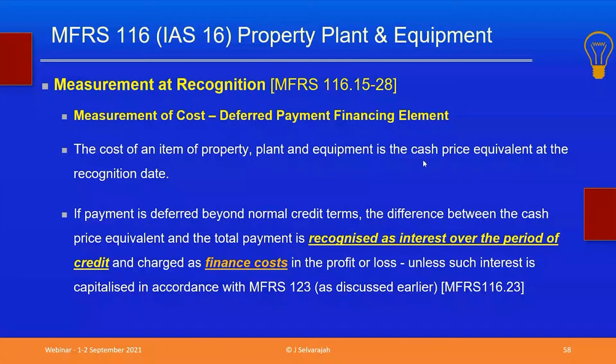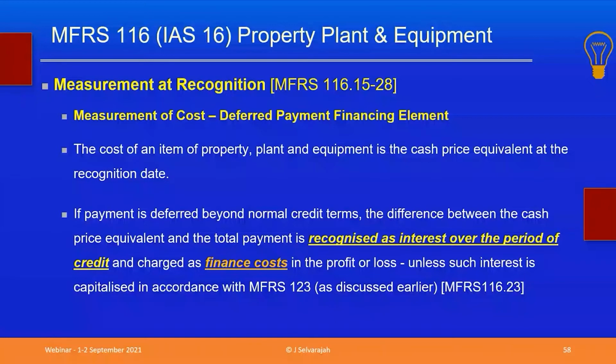So the cost of an item is the cash price equivalent. Remember, that's what the standard says, the cash price equivalent on the date you recognize it. Obviously, the date you bring it into your books. Now, if the payment is deferred beyond normal credit terms, you would normally expect 3 months, 6 months, or even 9 months at the very least.